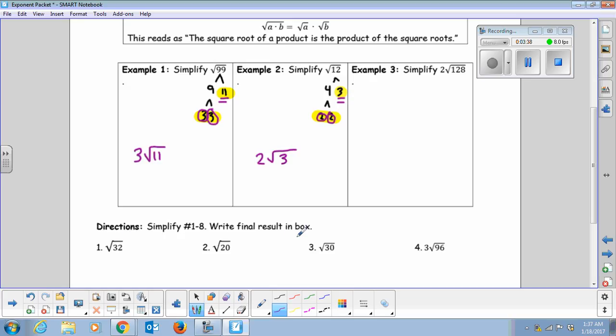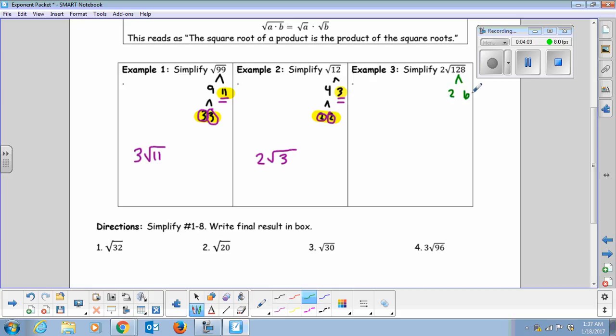Okay, so finish up 1 through 3. And once you have that final answer, finish up example 3. Okay, so for example 3, I'm going to start by ignoring that 2 here and just break up the 128. So I'm going to say 128, I know 2 goes into this because it's even.